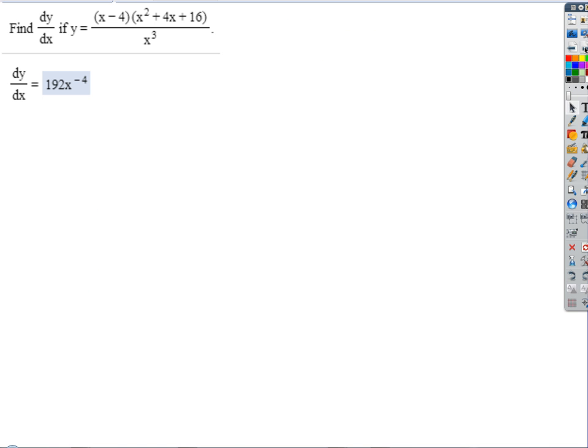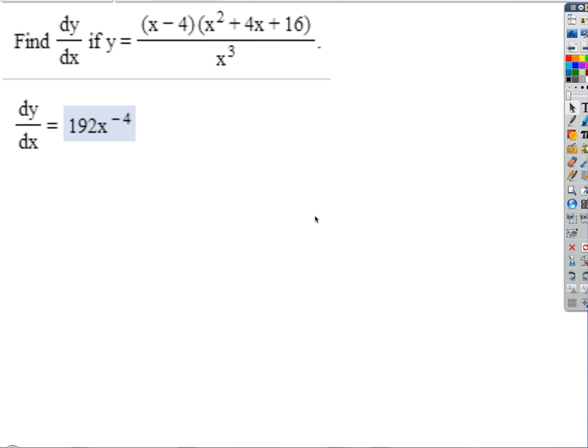Now what about this one? This one looks terrible, atrocious. Pretty soon we're going to have a way of taking this as is and differentiating it as a product and a quotient.